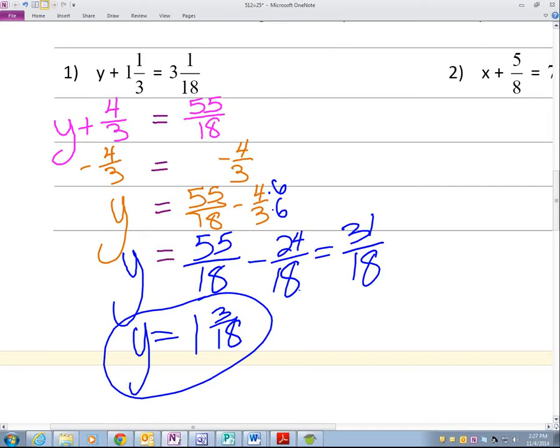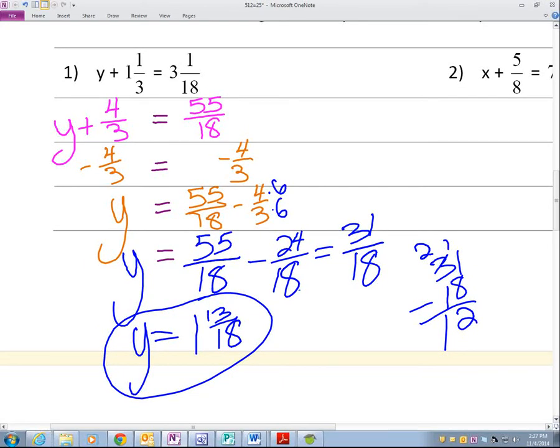Oh, sorry, 1 and 13/18. You got 14? So you would have 31 minus 18, that would be 13.